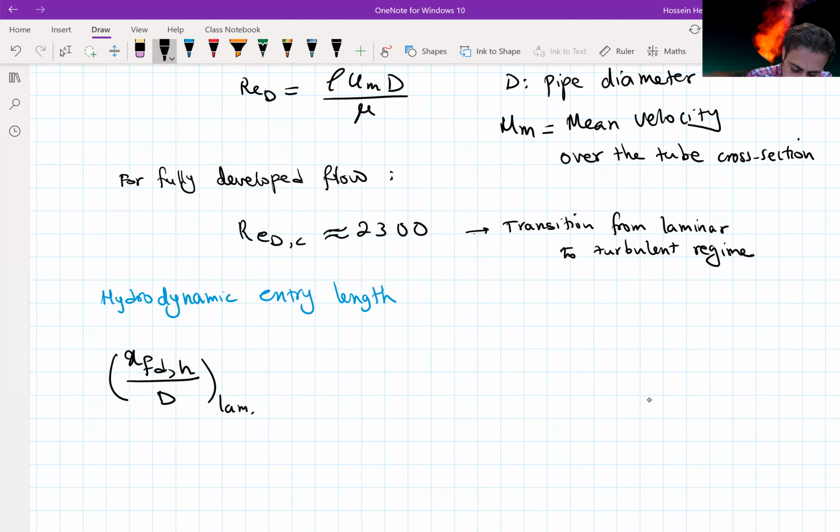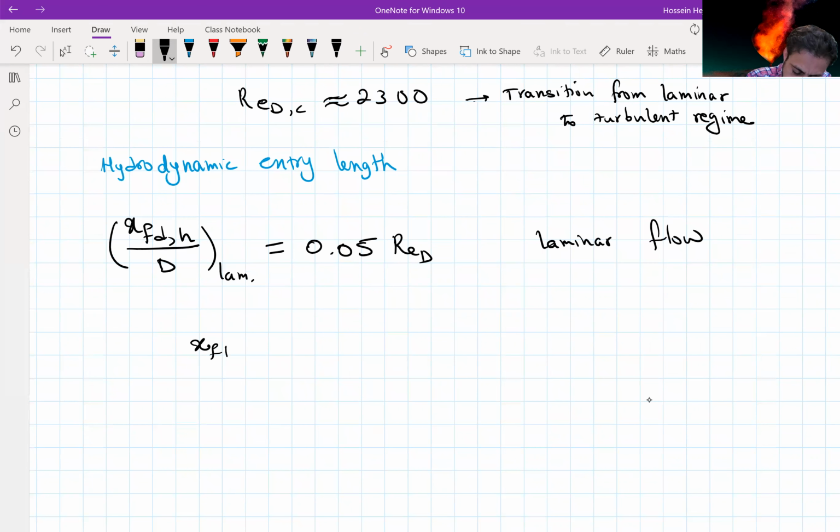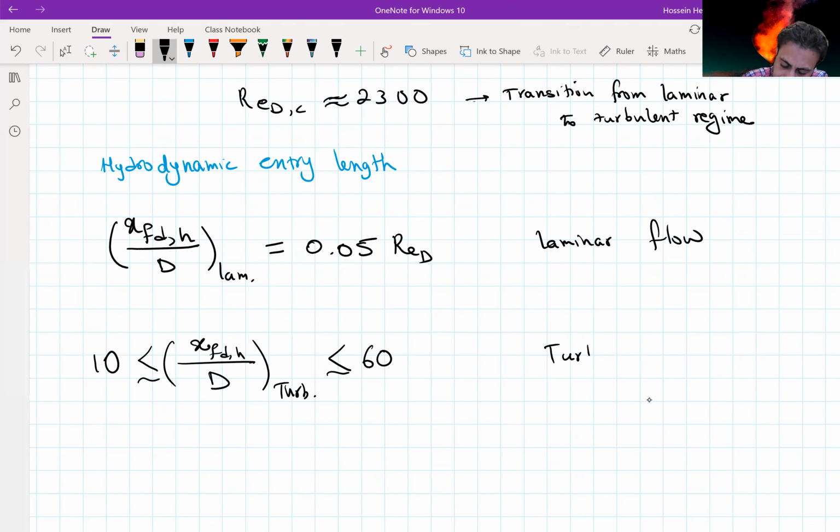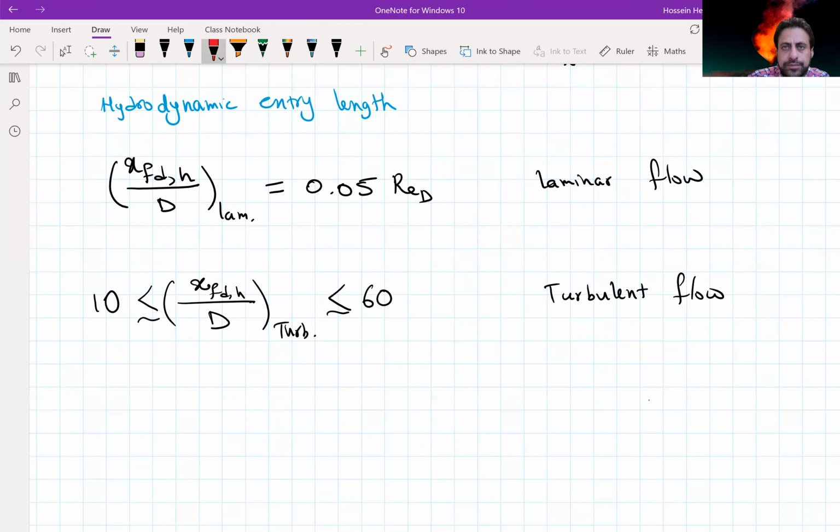For the laminar flow, it depends on the Reynolds number: it's going to be 0.05 Re D. And for the turbulent regime, it's going to have a range between 10 and 60 diameters. For the sake of this course, most cases are at fully developed flow, and we don't really deal with the entry region for the heat transfer coefficient.